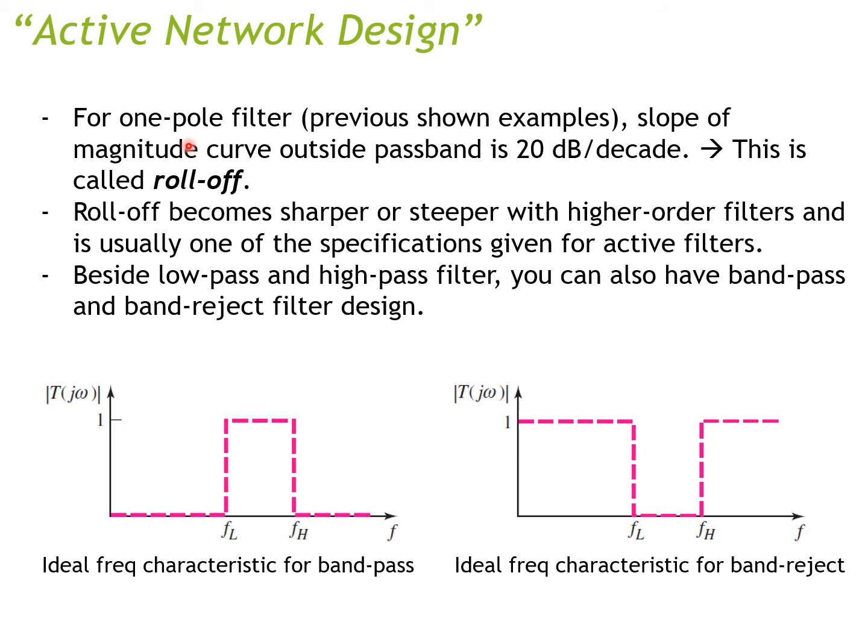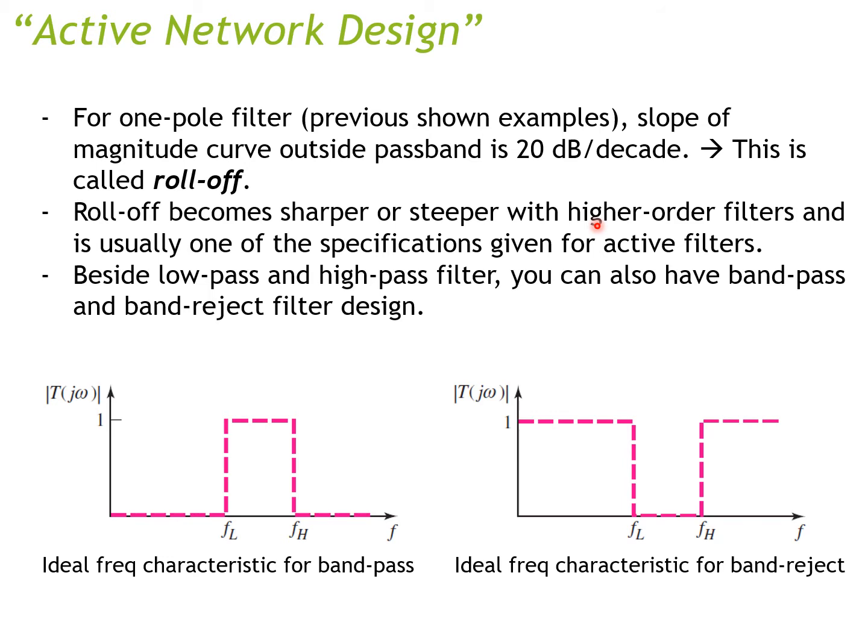For a one pole network, the slope of the magnitude curve outside the pass band area is plus or minus 20 decibels per decade, and this characteristic is called roll-off. Roll-off is going to become sharper and steeper if you add more poles to the system.